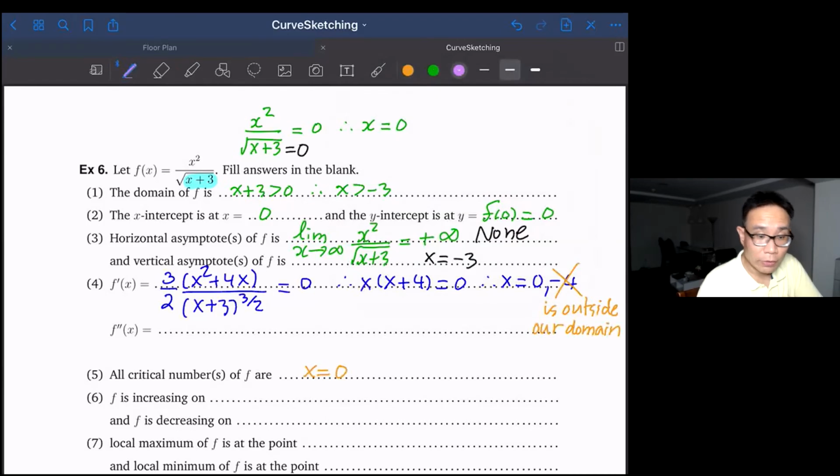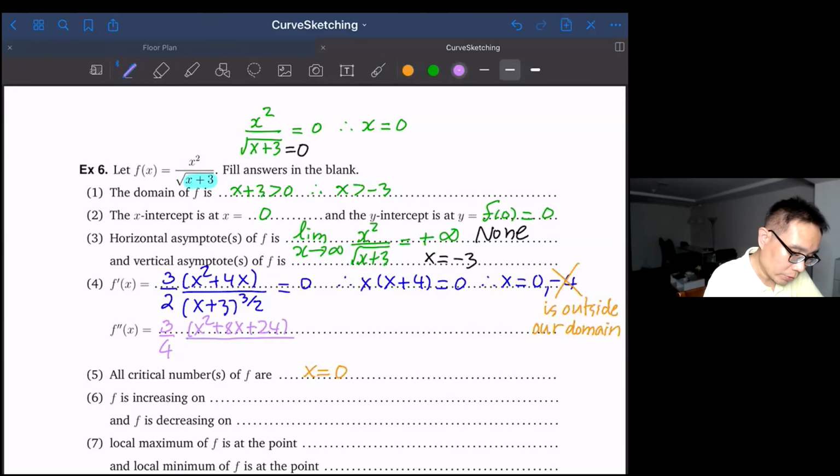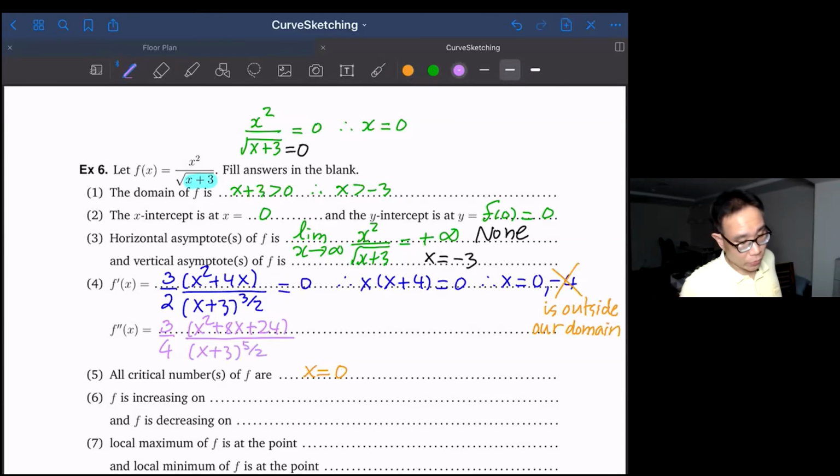For the next one, it's going to be for f double prime. So you get 3/4, okay, and you have (x squared plus 8x plus 24) over (x plus 3) to the 5/2. Okay. And you would like to solve for this equal to 0 in order to obtain the candidate for the inflection point. So you would get x squared plus 8x plus 24 equal to 0.